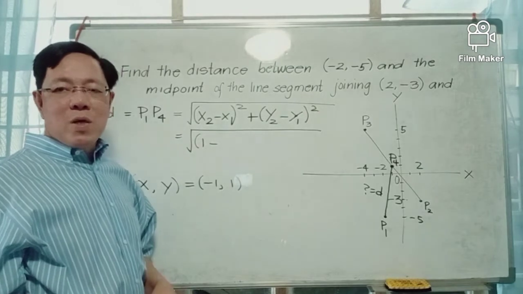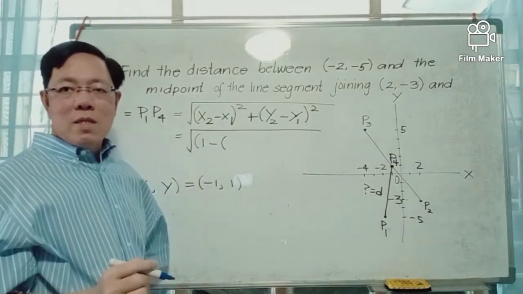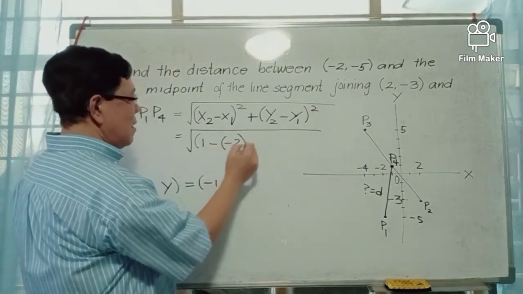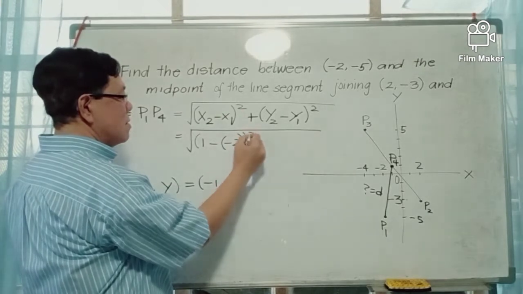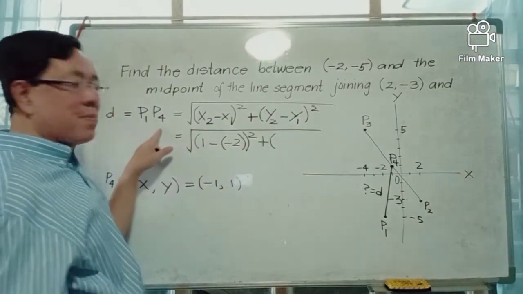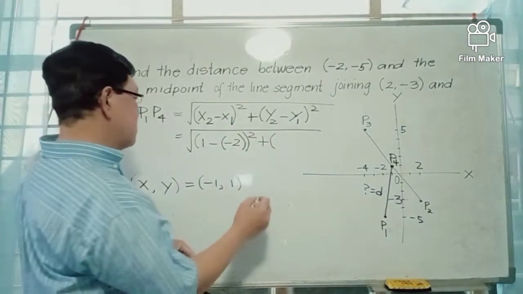Since the abscissa of P1 is -2, we write it in parentheses and square, plus the ordinate of the second point P4, +1.